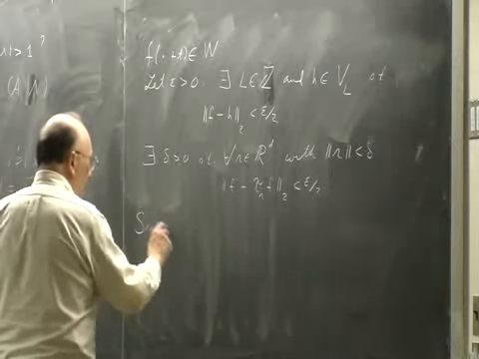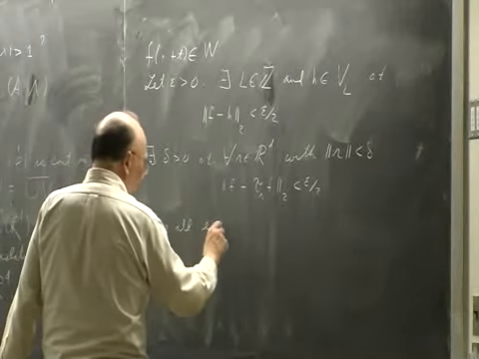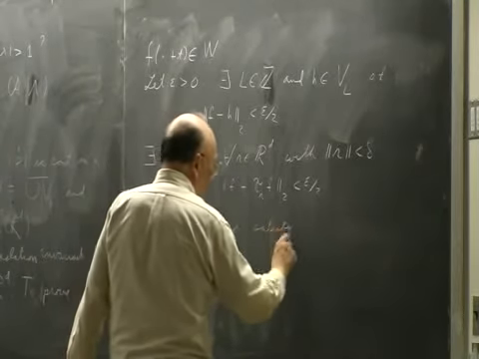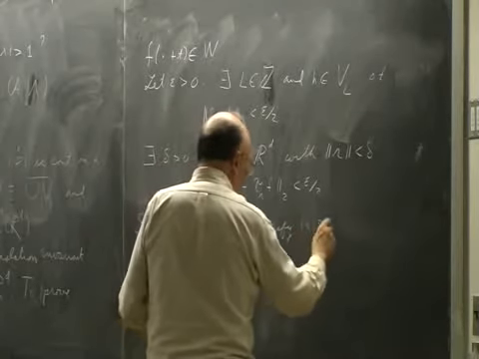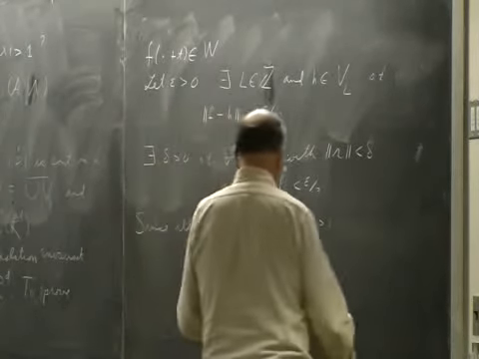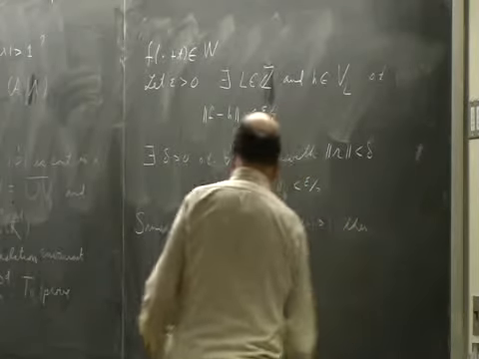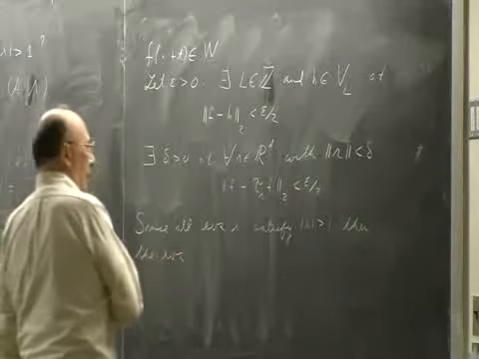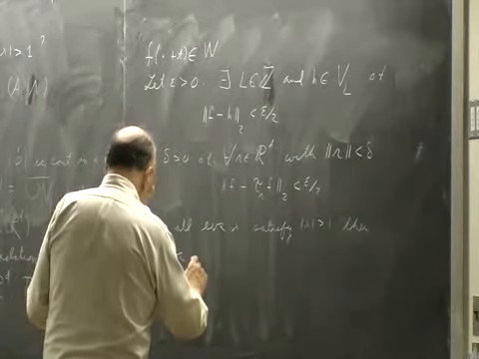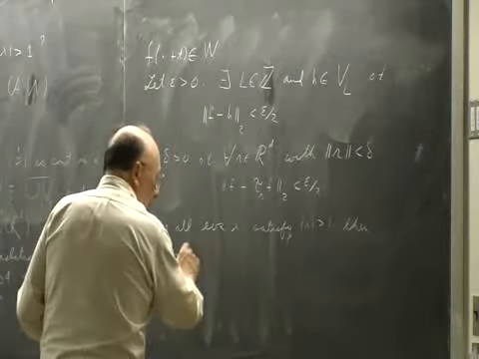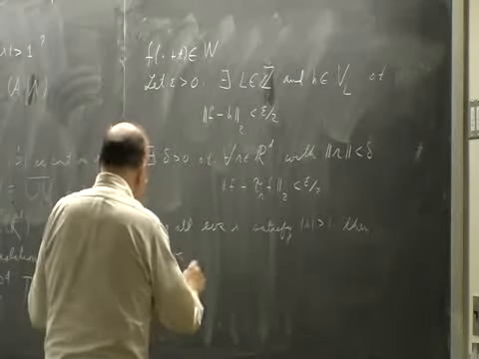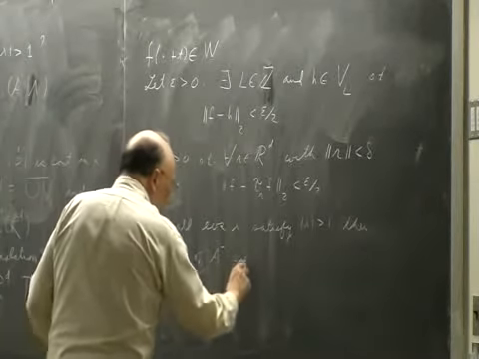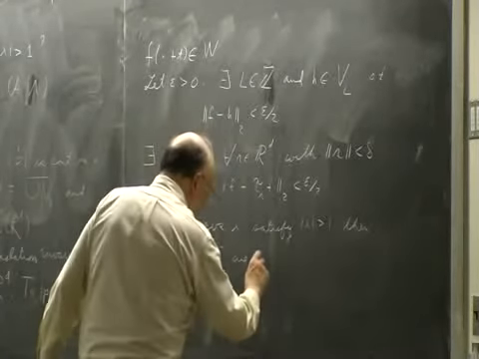And since all eigenvalues lambda satisfy lambda bigger than 1, then the eigenvalues of A inverse are less than 1 in absolute value. Let me just write it a little sloppily because it'll take too much writing here, but you'll understand what I mean.